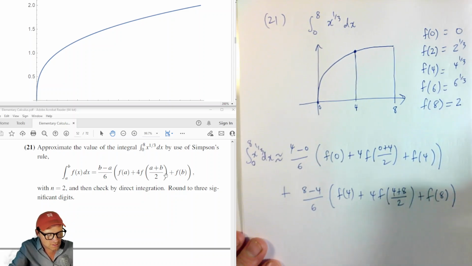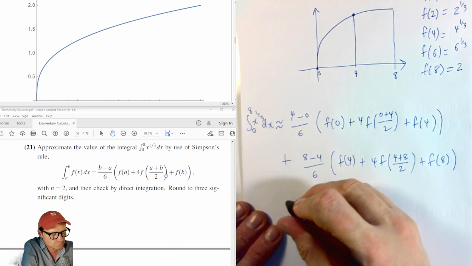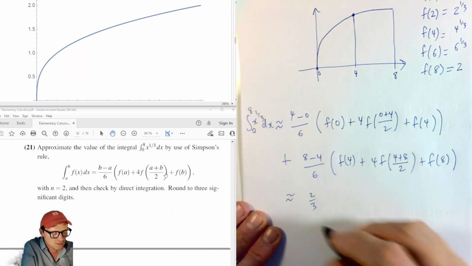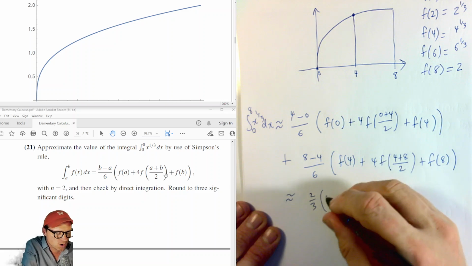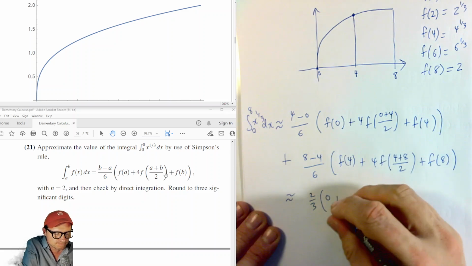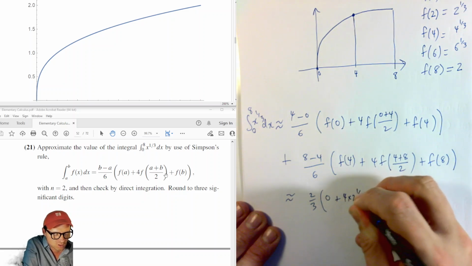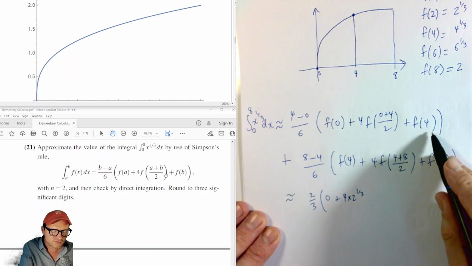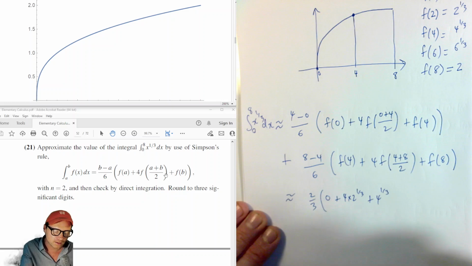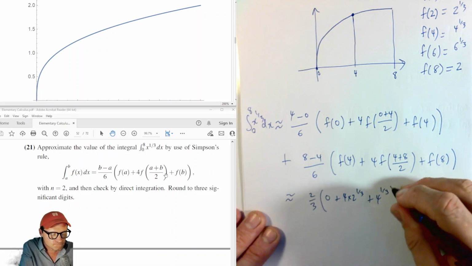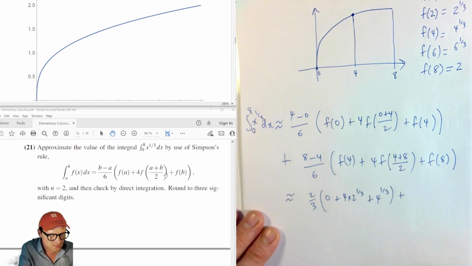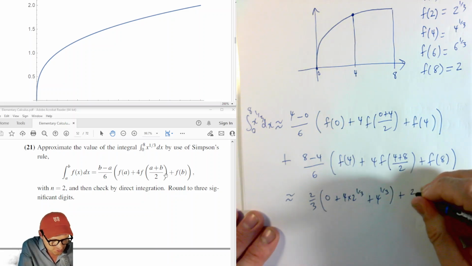Okay, moving on, let's simplify this. So 4 over 6 is 2/3. F of 0 is 0. 4 times f of 2 is 4 times 2 to the 1/3. And then f of 4 is 4 to the 1/3. Then we have 8 minus 4 is 4. 4 over 6 is 2/3 again.